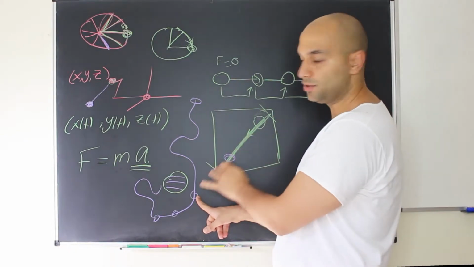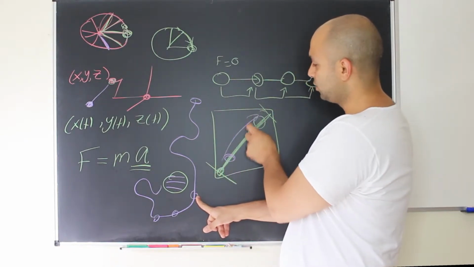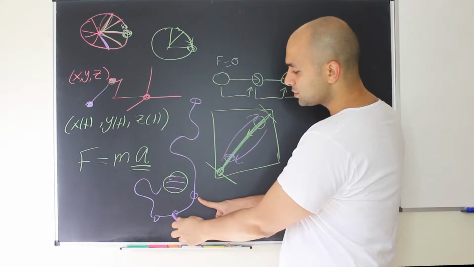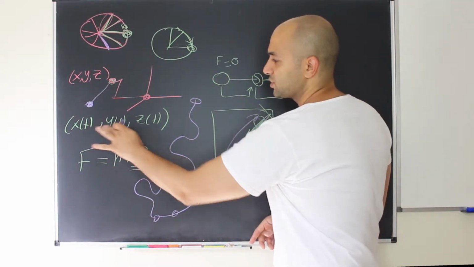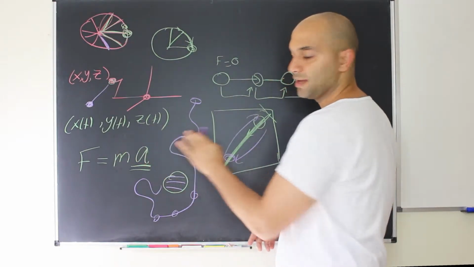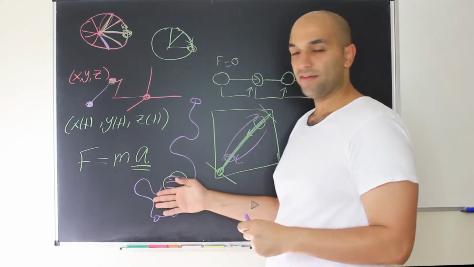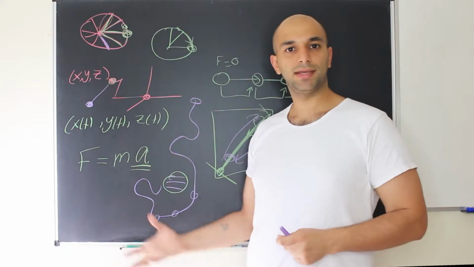This is basically your unit of time, the time it takes to go and come back. So you have your position as a function of time, so you can use that to get the acceleration. But you have no information about the mass, so how are you going to get that?